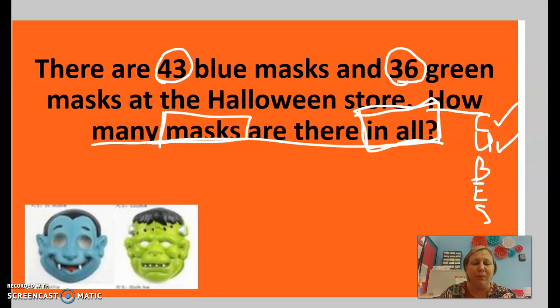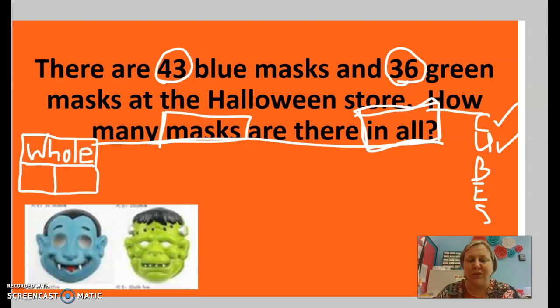Now, some of y'all remember doing these part-whole boxes. So that's what we're going to work on. They tell me I have 43 that are blue. So that's part of my problem. Then 36 are green.